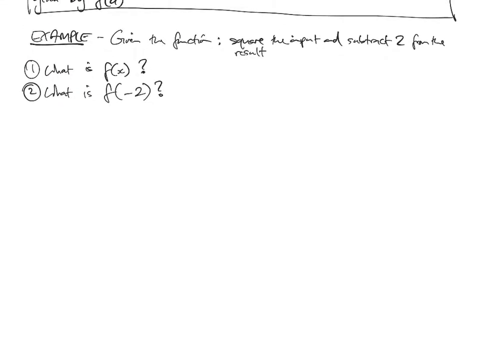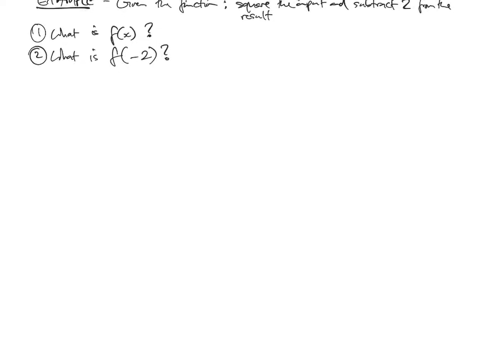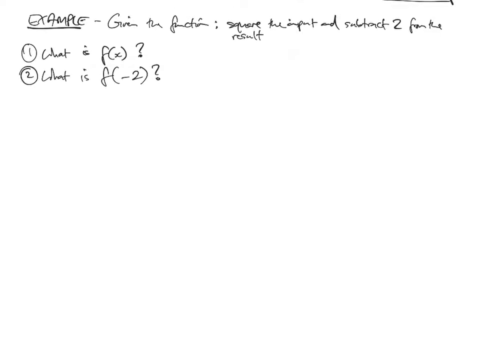Given the function of squaring the input and subtracting 2 from the result, what is f of x going to be? And then what is f of negative 2 going to be? So we know that the function is to square the input and subtract 2 from the result.